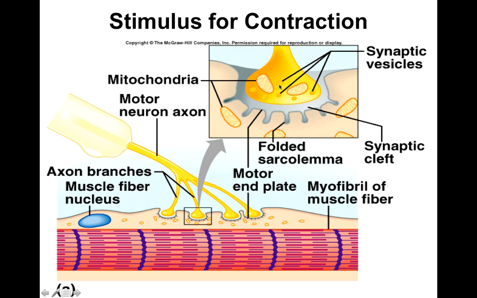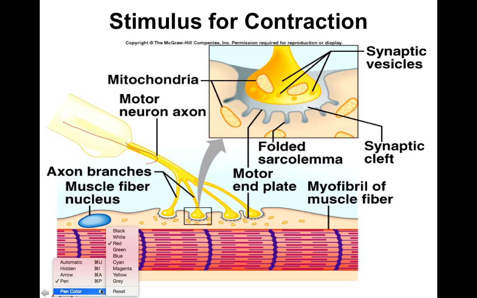A motor neuron is going to send some signal from the brain through the spinal cord, or even directly from the spinal cord, down the motor neuron, and that signal is going to arrive at the muscle. Let's talk about what that looks like.